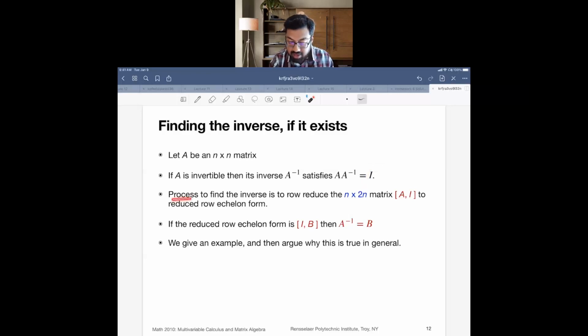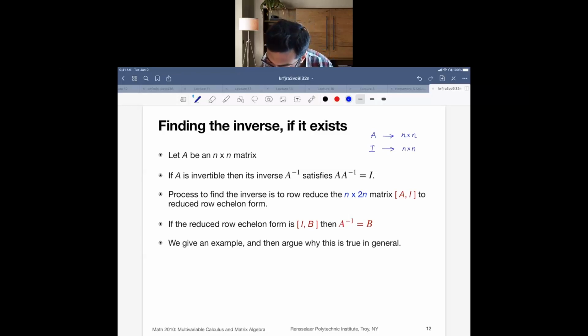Now the process to find this is going to be to form an augmented matrix and row reduce it. So the augmented matrix is going to be A followed by the identity matrix. If A is n by n, then the matrix that you're augmenting it with, I, is also n by n.